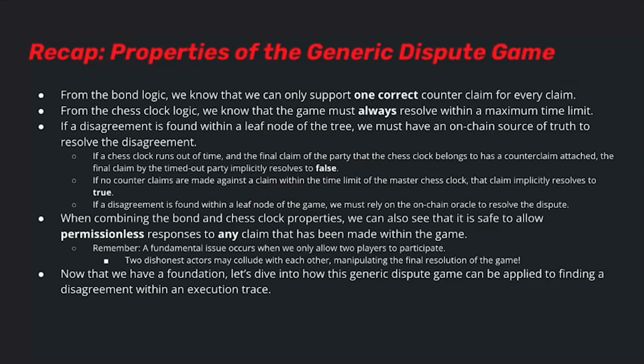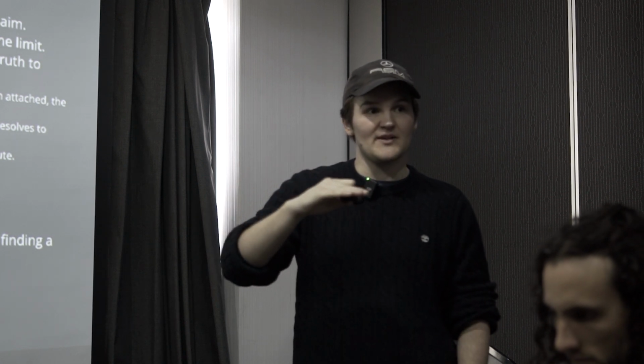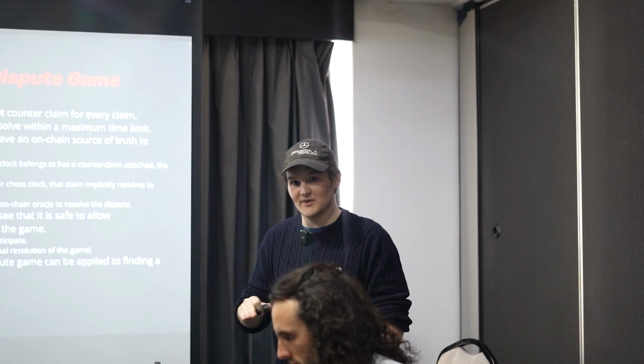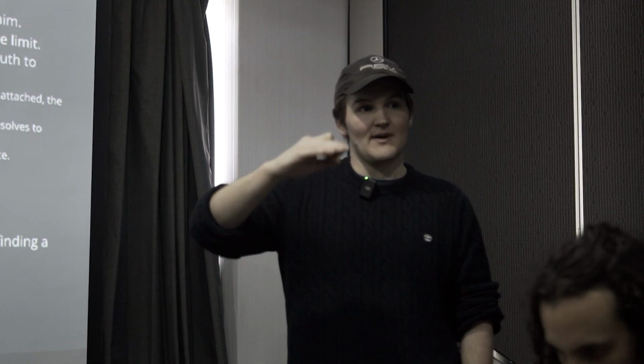But as we're actually resolving the game, what we do is we prune nodes away from the tree as we step back up, right? So during that process, as we're pruning the nodes, the bonds will be paid out based off of the truth that's decided at the bottom leftmost node disagreement within the tree. So that bond basically gets paid back after the master chess clock has been paid out and as you're stepping back up during the resolution function.